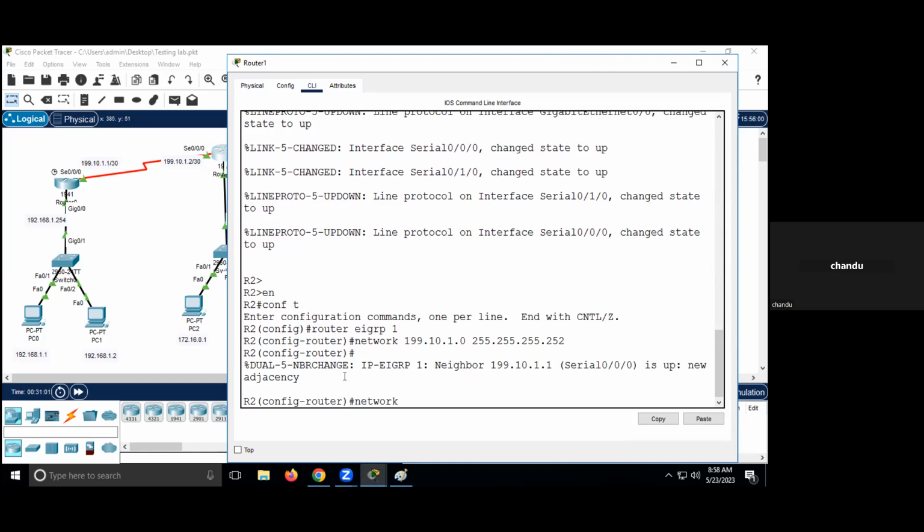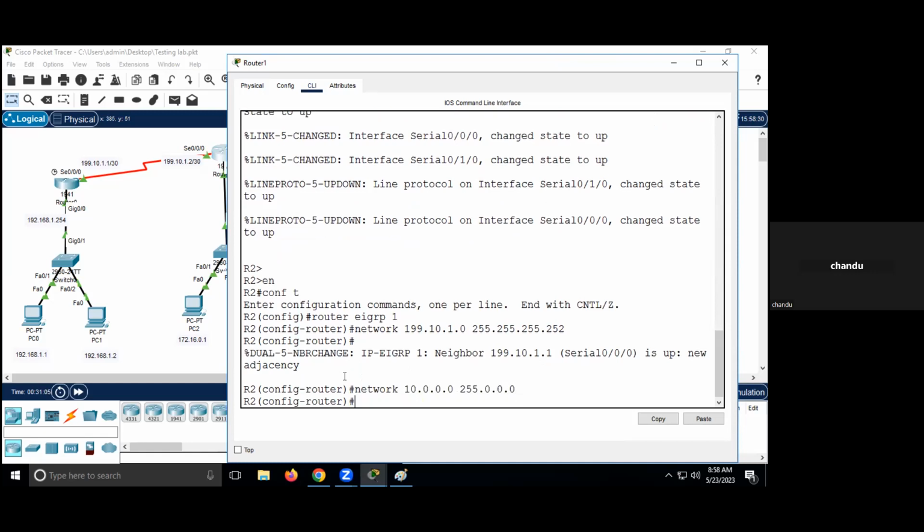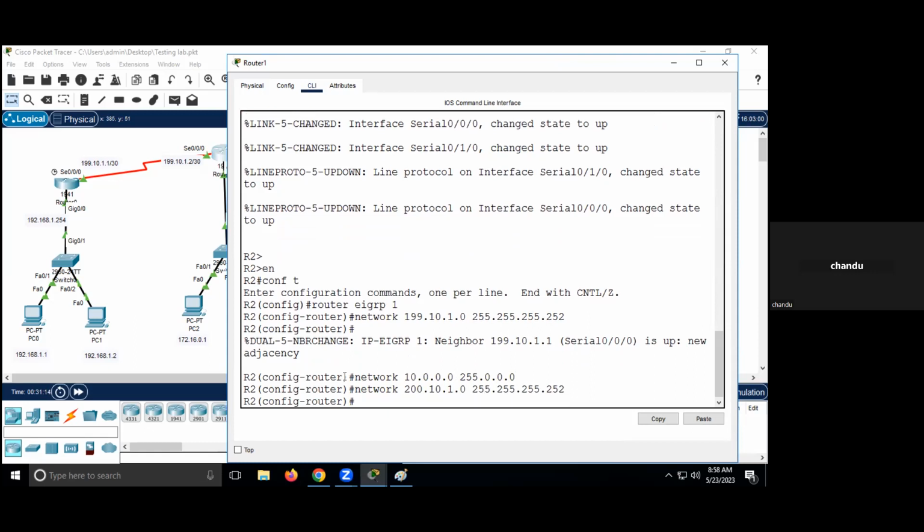Then I want to advertise network which is 10.0.0.0, 255.0.0.0. Also I have a network of 10.1.1.0, 255.255.255.252 that I have to advertise.